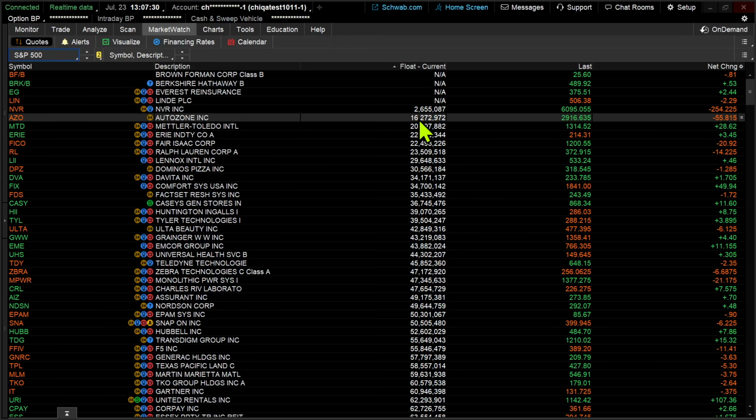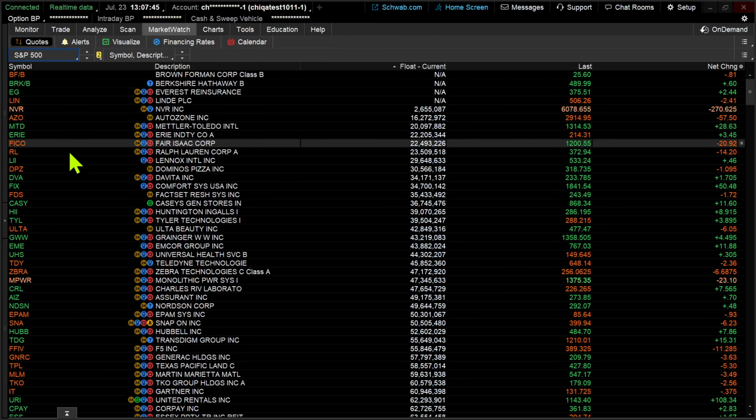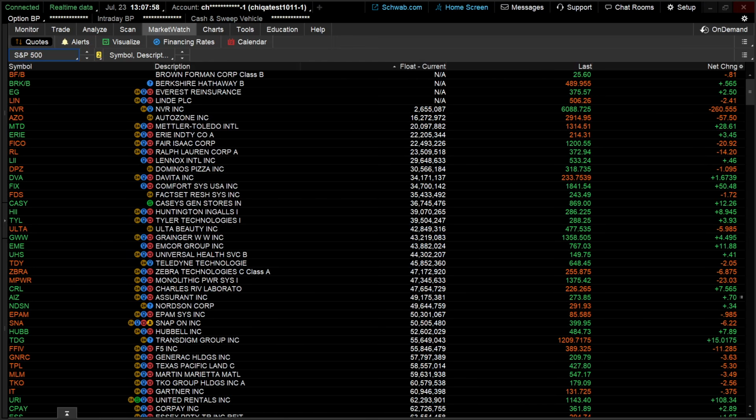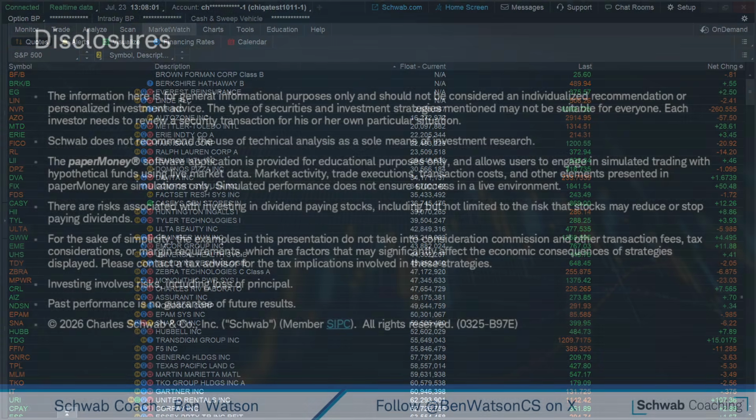So when picking those two types of considerations, float can be a tool that a trader can use to determine what type of stock do I want to have and what type of behavior would I likely be seeing exhibited by that stock given news-driven movement or, say, an earnings announcement. So that's float here on the Thinkorswim platform as well as on the Schwab.com website.